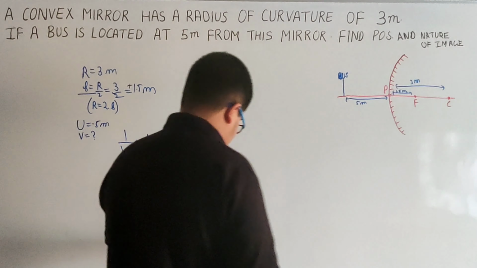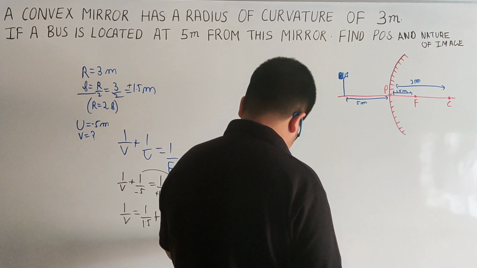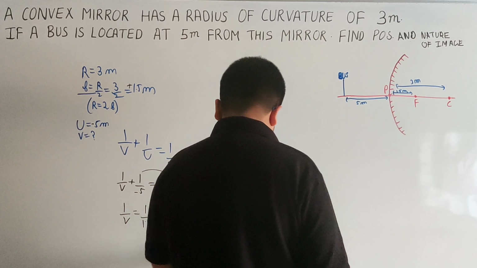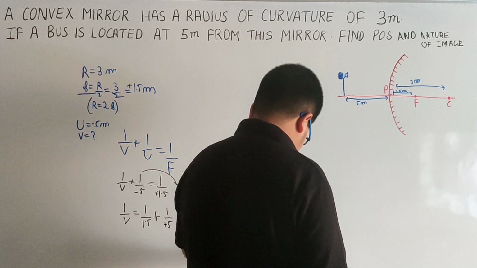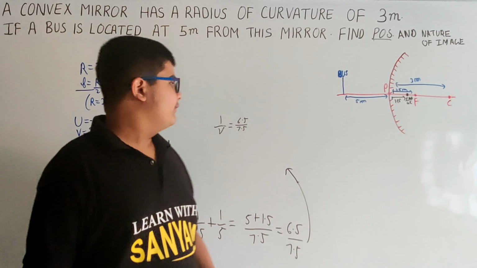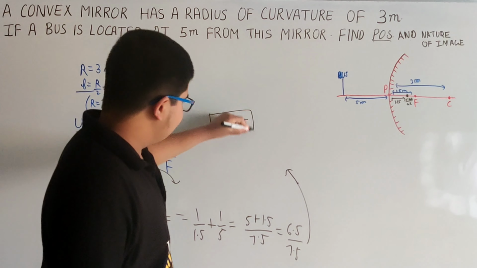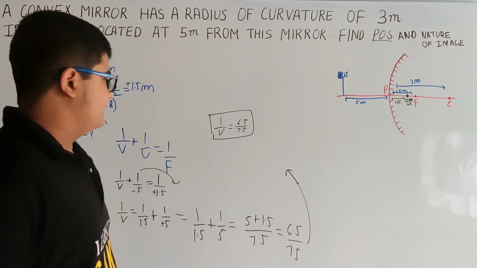So we will do 5 plus 1.5 upon 7.5, that is 6.5 upon 7.5. So now from here we can get that 1 upon v is equal to 6.5 upon 7.5.